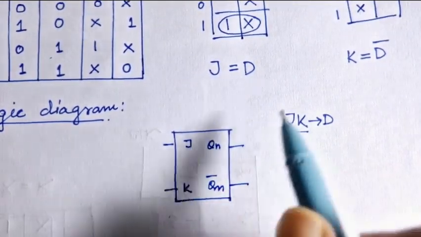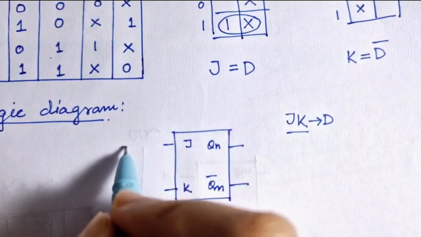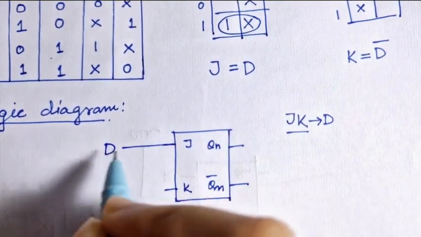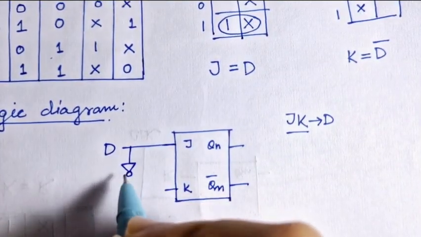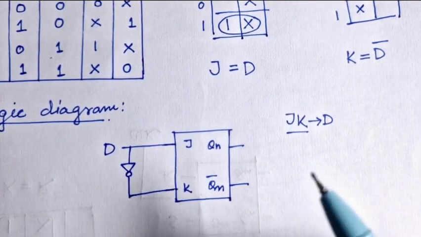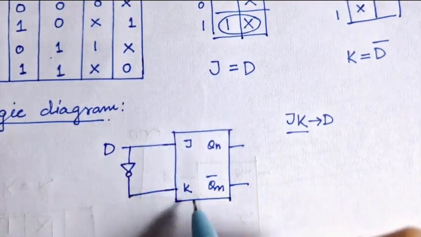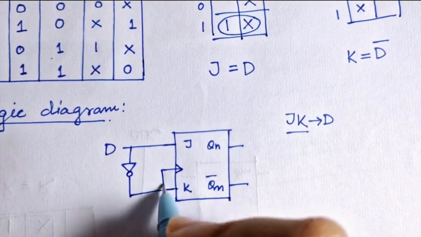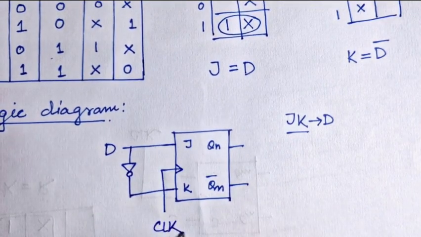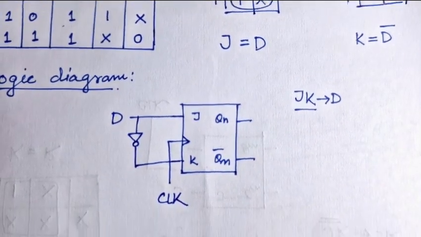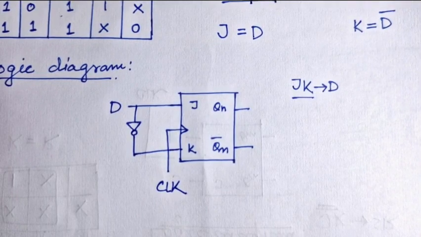J is D and K is D bar. So J will simply be D and K will be D bar. And the clock will also be there. Thus, the conversion of JK to D flip-flop is done. Thank you.